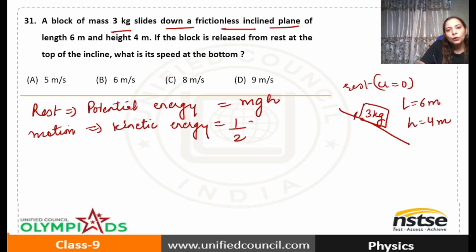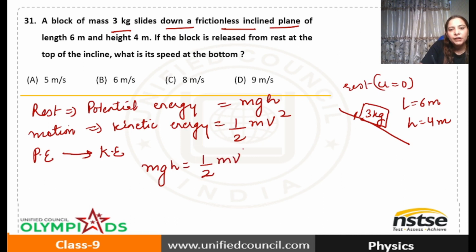Kinetic energy is half mv square, that is mass times the square of the velocity it possesses. In this case, when the block is at the top it possesses potential energy, but when it starts moving, the same energy gets converted to kinetic energy. So we can say that mgh is equal to half mv square. We can cancel out m because the mass of the block is the same on both sides.